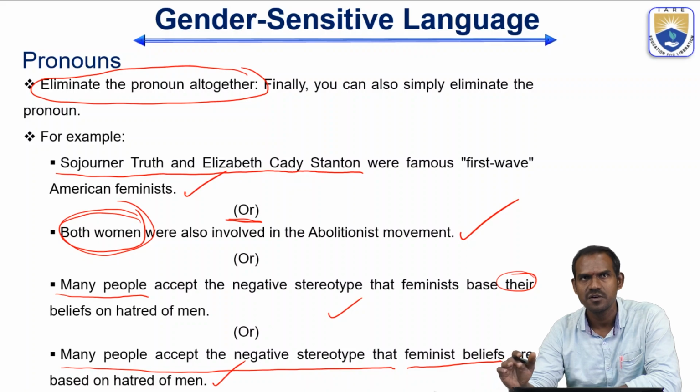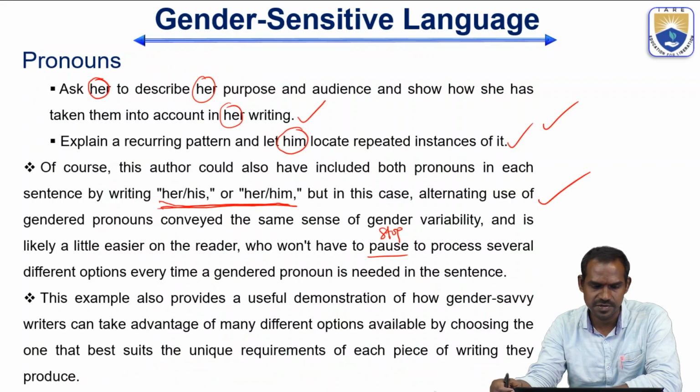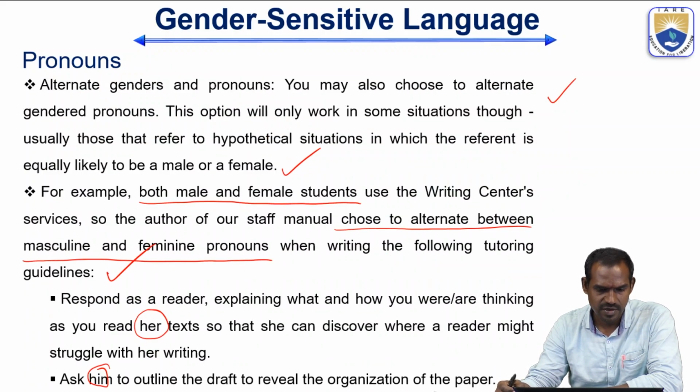For that purpose we can use "they" in the first case, "he or she" or "he slash she" in the second case, and in the third case both together, "her or him" by using slash, or "her or his" by using slash. And in the fourth case you can use the pronouns by alternate genders, means both at a time in the same sentence.